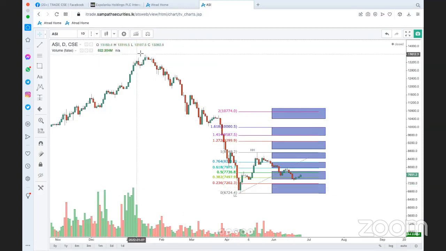Then the downtrend that has continued from here will continue further. And before moving to the other individual stocks, I would like to show you all something that is important for us to track, which will be profitable.